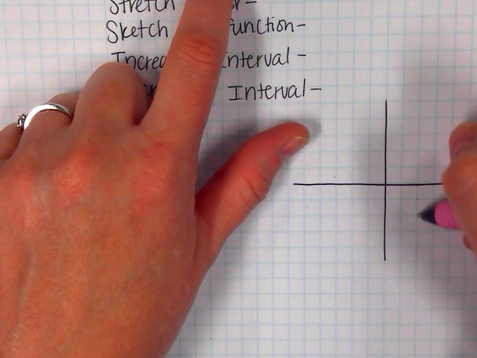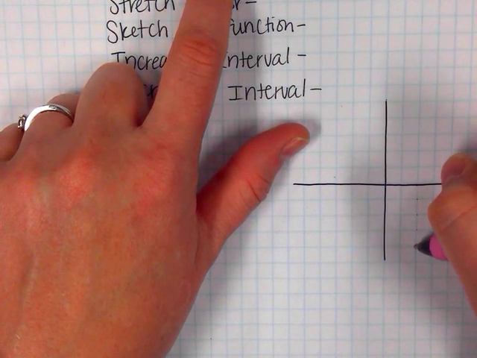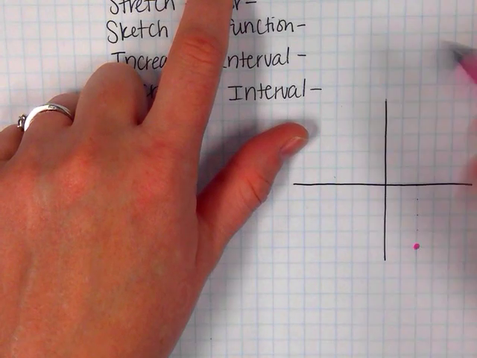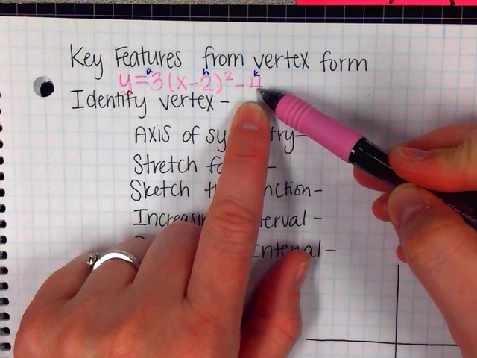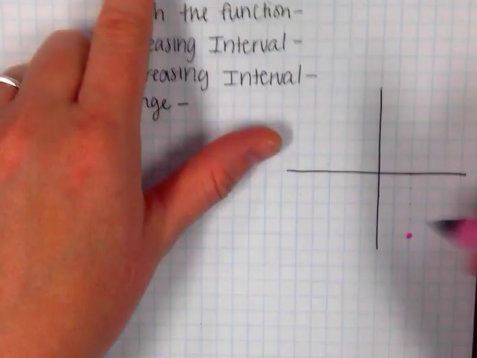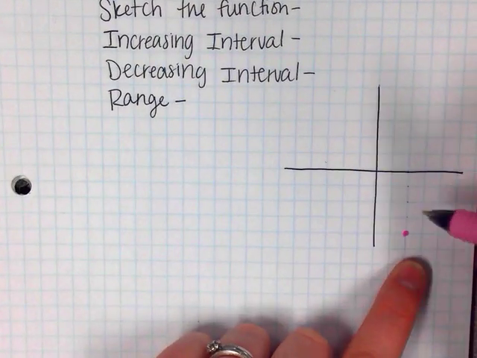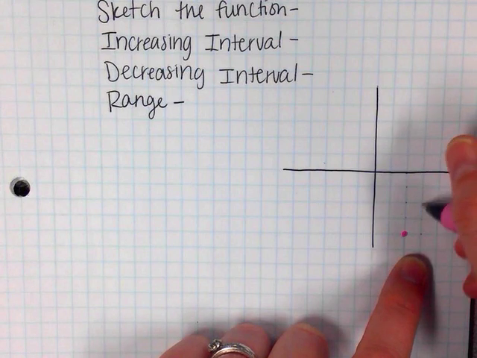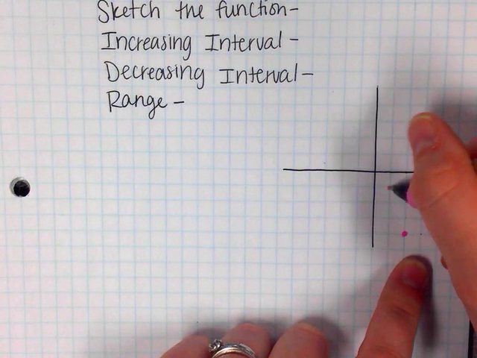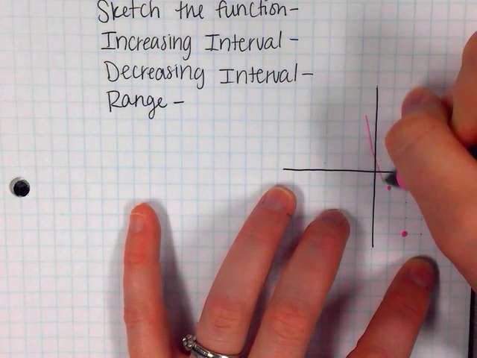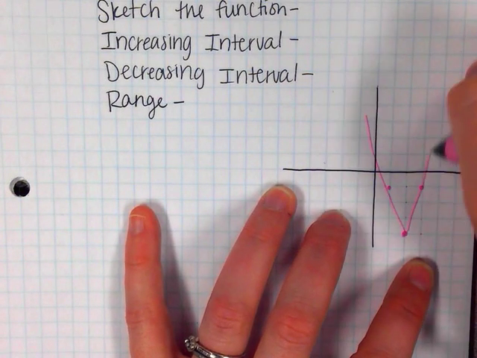So 1, 2, 3, 4. That should be review. So I moved right 2 because of the h value and down 4 because of the k value. The a value is 3, so you always move over 1, and then you go up 1, 2, 3. Move over 1 and up 1, 2, 3. So that's the sketch of the graph. That was terrible.